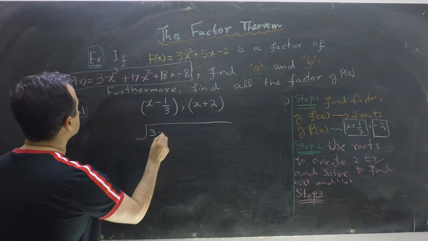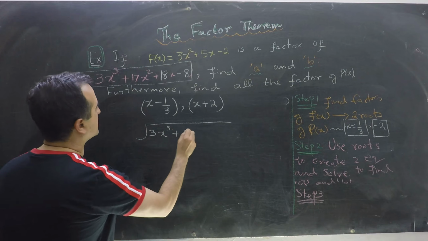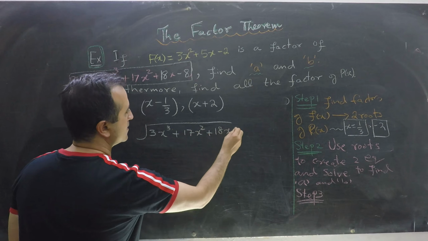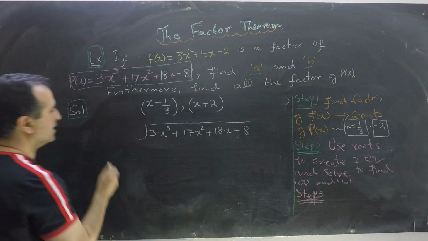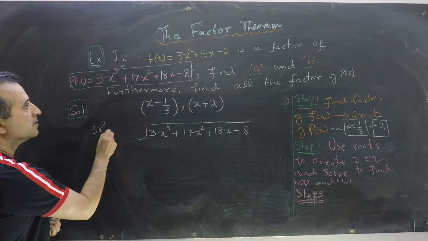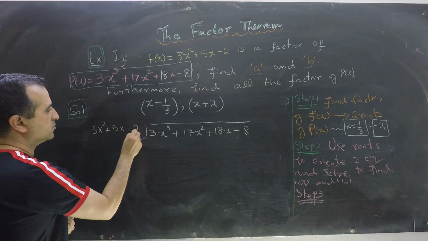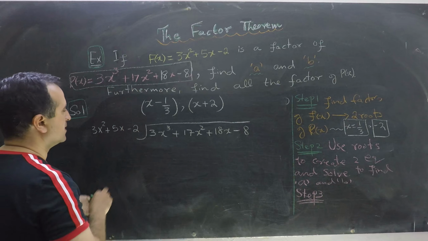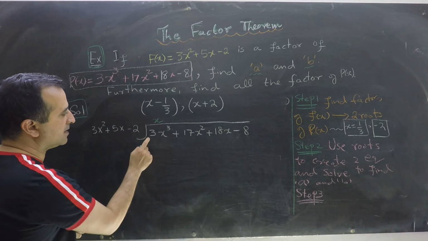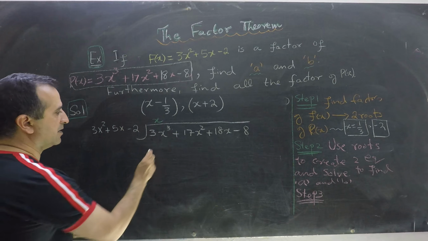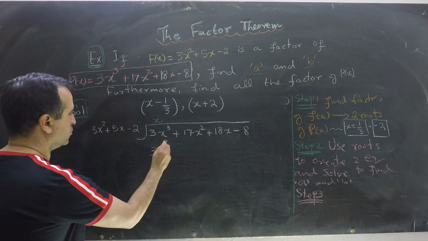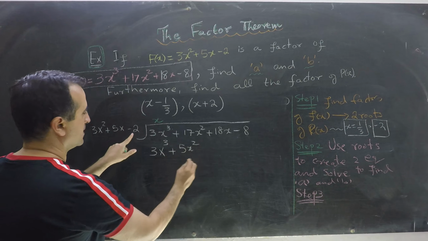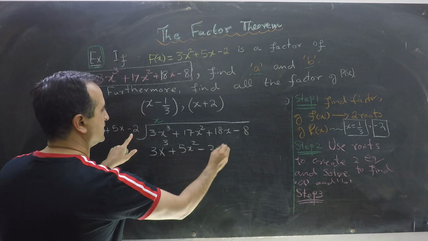I have to divide 3x cubed plus 17x squared plus 18x minus 8 by 3x squared plus 5x minus 2. I first multiply 3x squared by x so that I can attain 3x cubed. I will get 3x cubed plus 5x squared minus 2x.